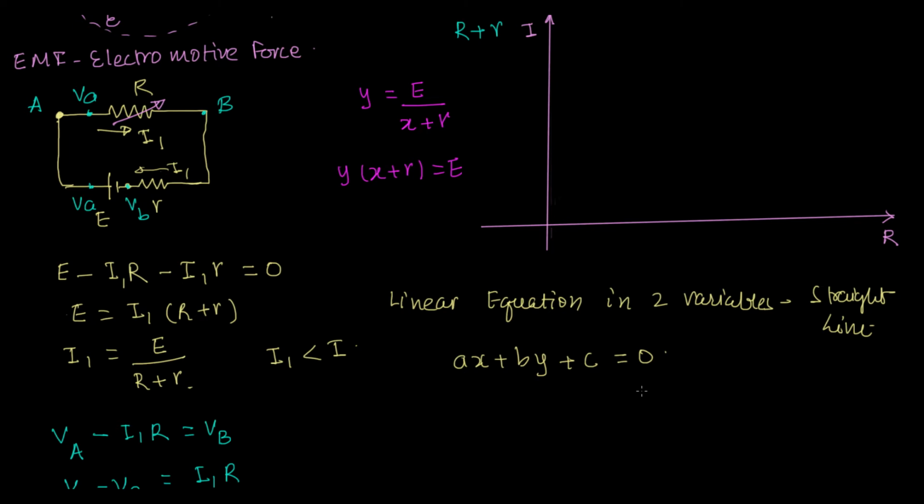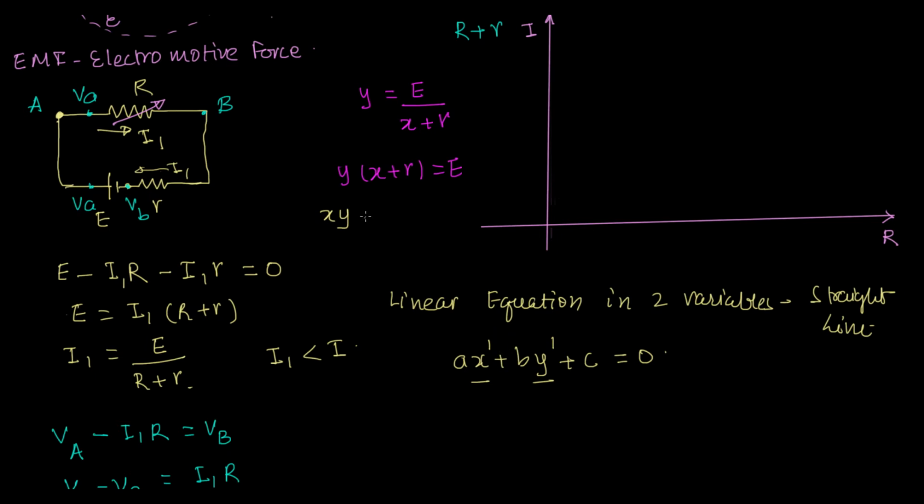Now if you look at this, the x and y are first of all multiplied together. In a straight line, x and y both had powers 1, but they were separated, right? There was no multiplication term with that.